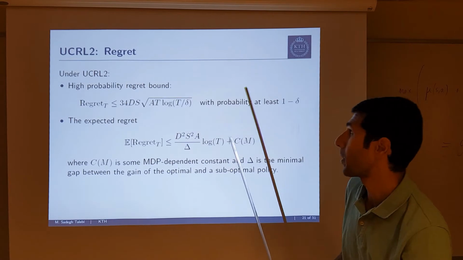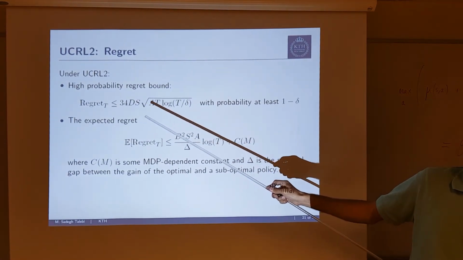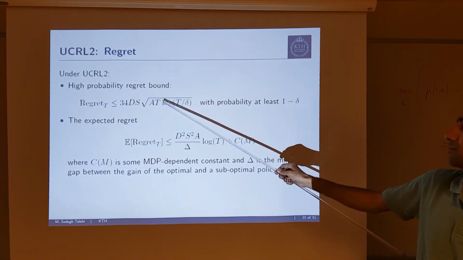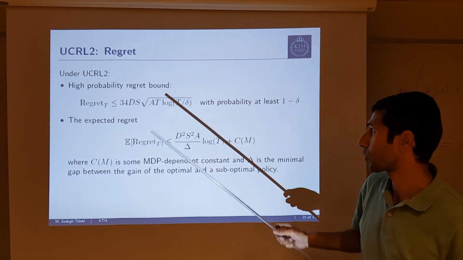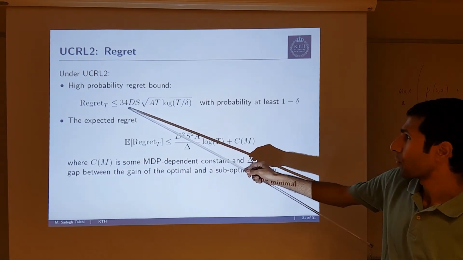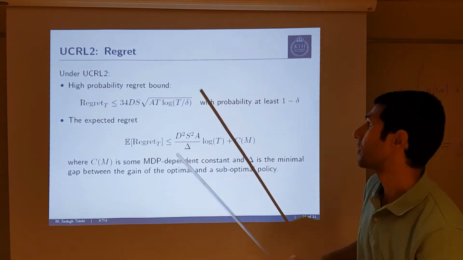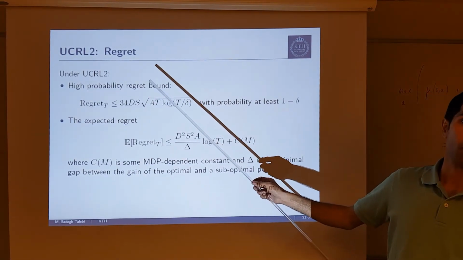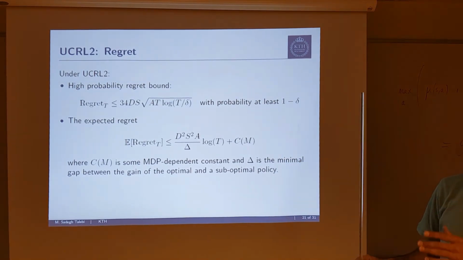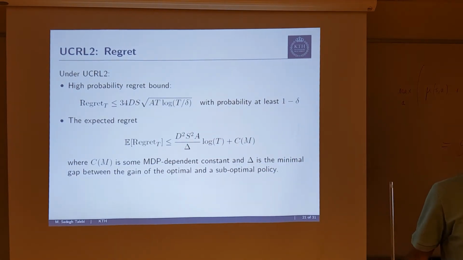The lower bound says square root of A is there, square root of T is there. Log t you can ignore because it's logarithmic compared to a square root of t. But the lower bound has a square root of T, square root of S, square root of A, whereas here we have DS outside of the square root. So in the best case, if the lower bound is tight and the upper bound is bad, the square root of DS can be shaved off.